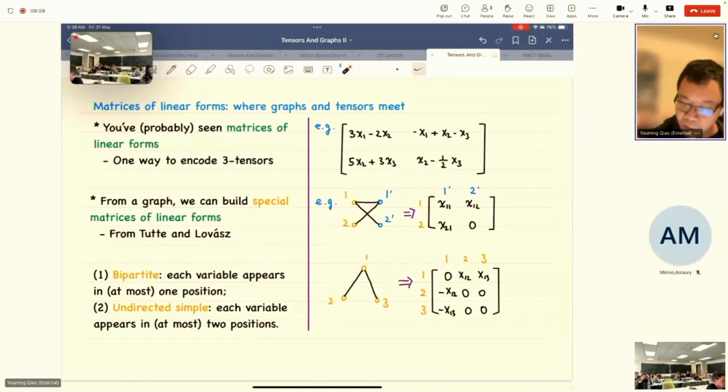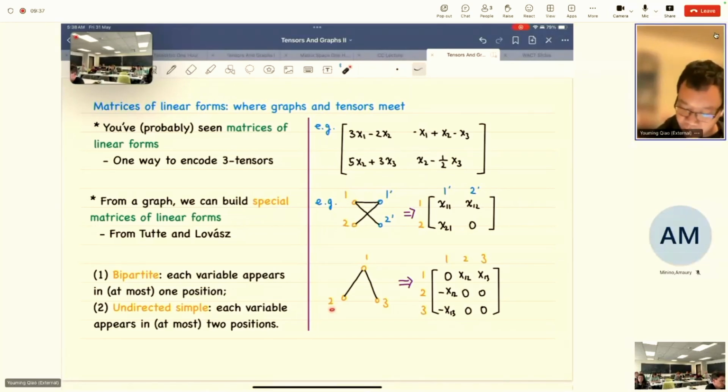And the point here is that you are going to construct a matrix of variables depending on whether the edge appears in the graph or not. So for example, if edge 1 is in the graph, then you put a variable x11 here. If edge 2 is not in the graph, then you put 0 there. So that's the bipartite graph going to a matrix of linear forms.